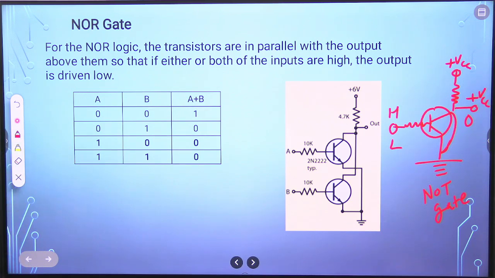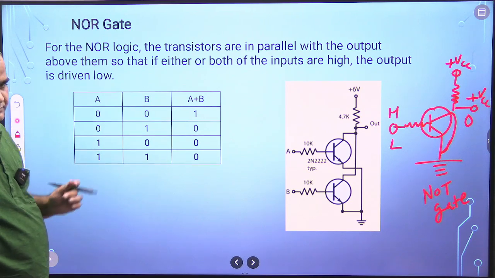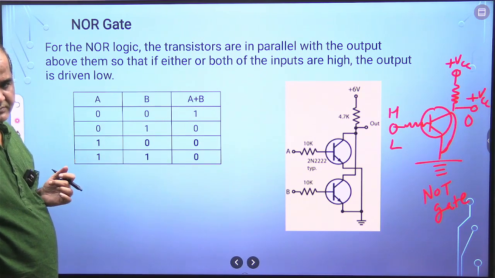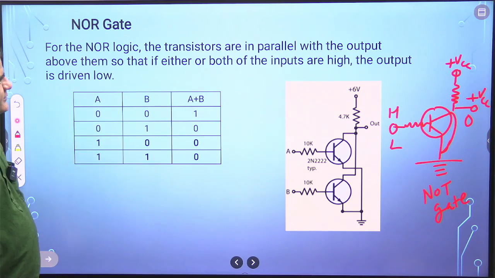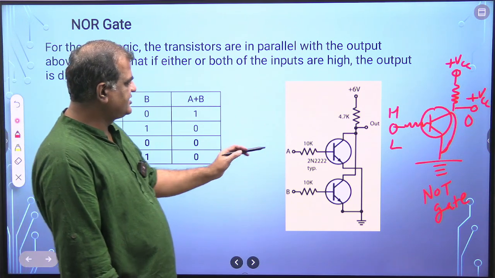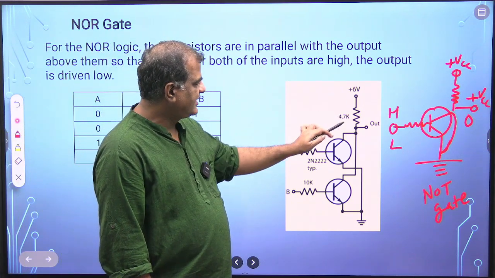Last year's GATE question. Here, tell me what will happen. If both are 0, then current will not flow.